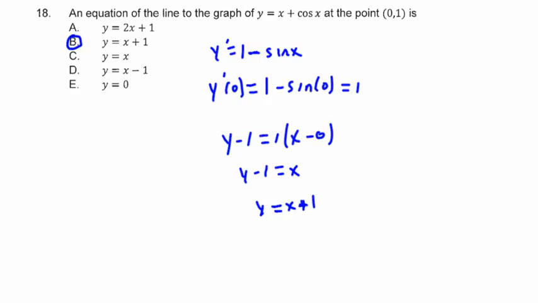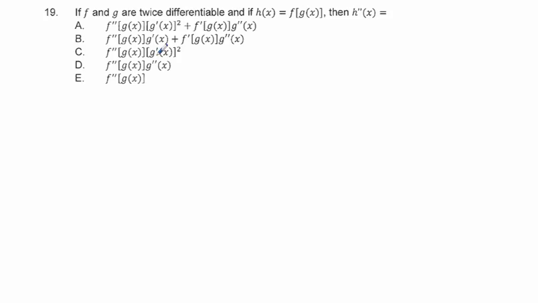Next, 19. If f and g are twice differentiable and h of x equals f of g of x, then h double prime of x equals, well, that's what it is.